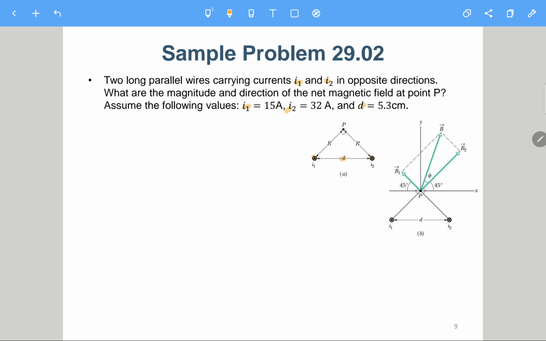What we are concerned with is the magnetic field at point P. As long as this side is capital R and this side is also capital R, this angle will be 45 degrees, and you can simply see that D is the square root of 2 times capital R.